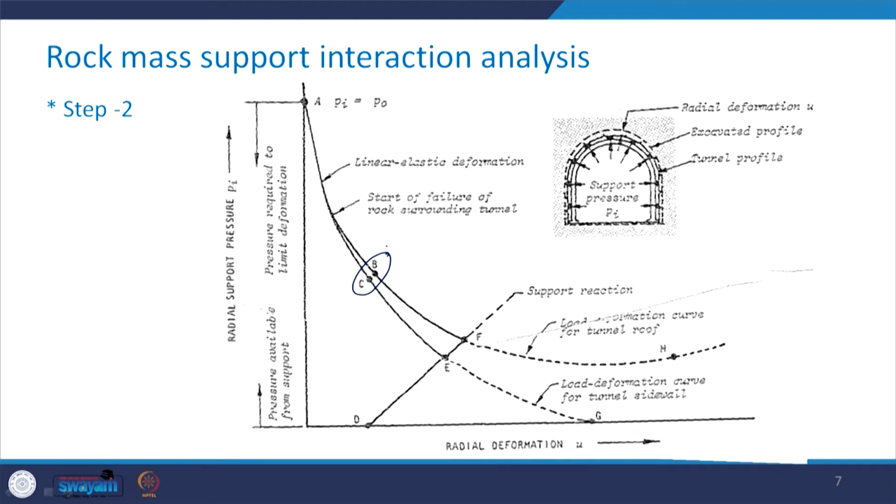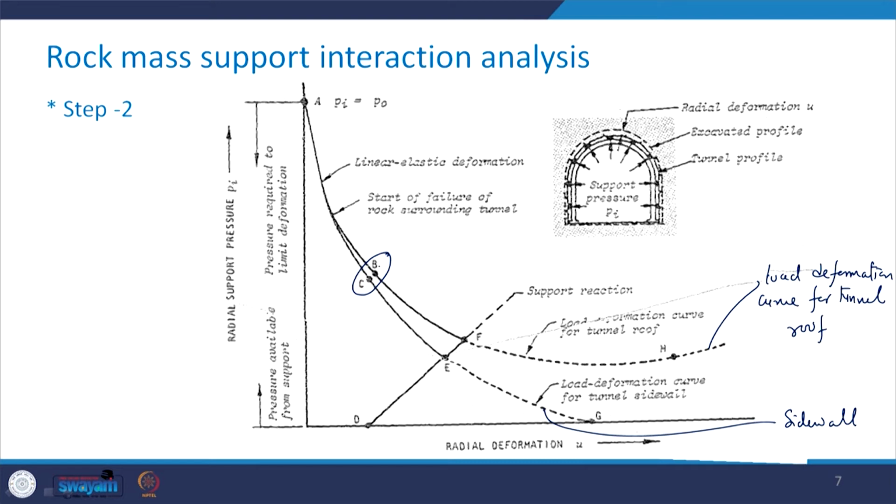Now, take a look here that the upper portion of the curve, that is this one, is the load deformation curve for the tunnel roof and the lower one is for the side wall.